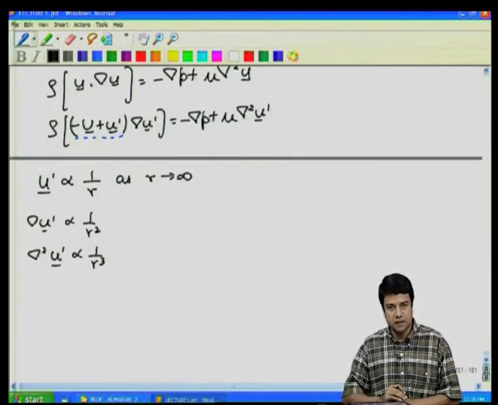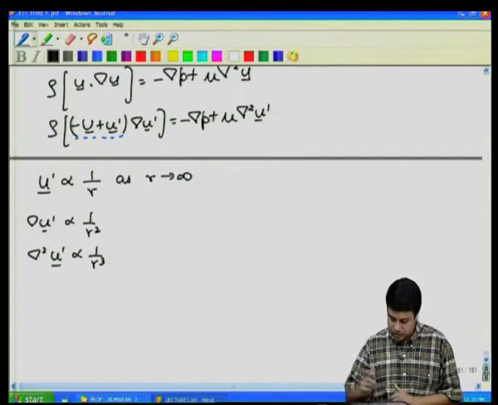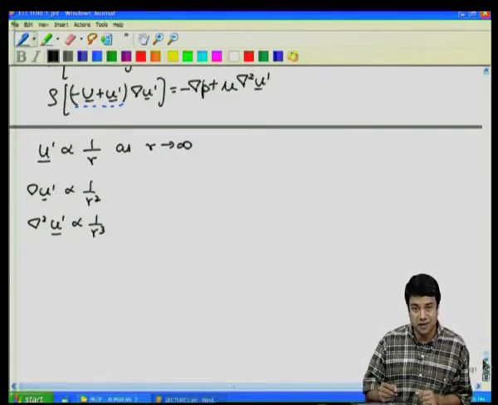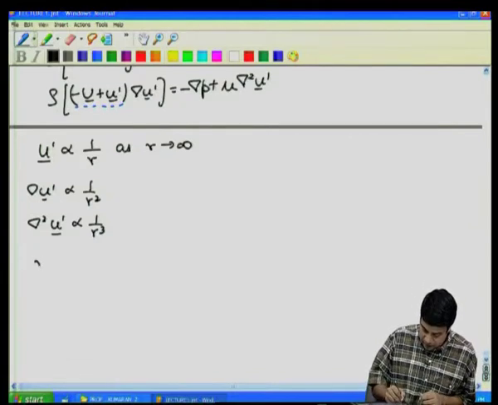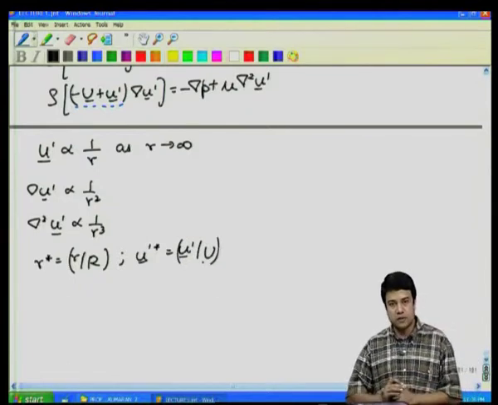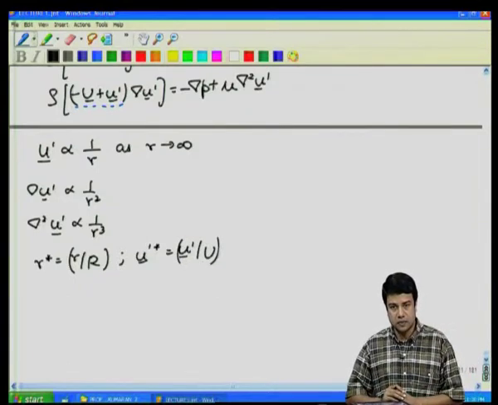So, now I have the governing equation. Now, I will define my scaled coordinates as r star is equal to r by capital R, and u prime star is equal to u prime by capital U, where U is the velocity with which the fluid is coming in far away from the sphere.